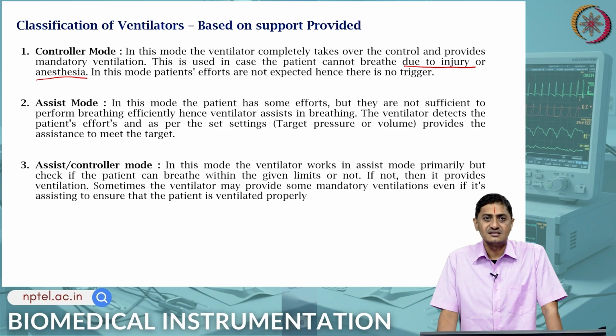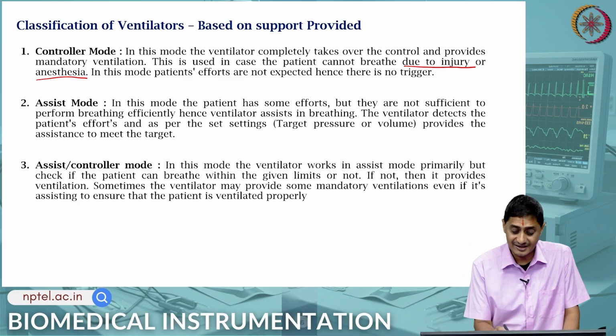The second is the situation in which you assist. In this mode, the patient is able to put in some effort, but it is not sufficient to completely take over breathing, or it is not as effective or as efficient. So, the ventilator is performing in assist mode.